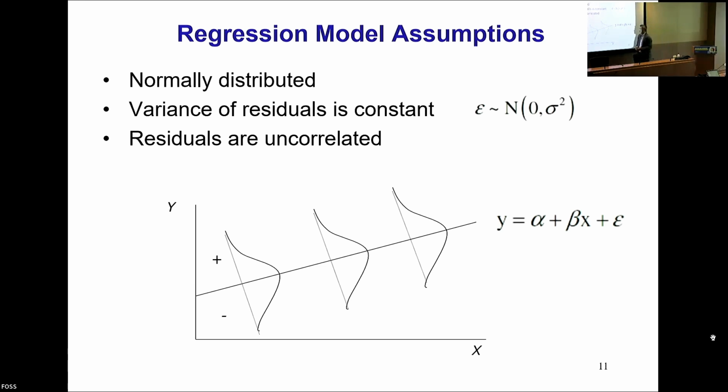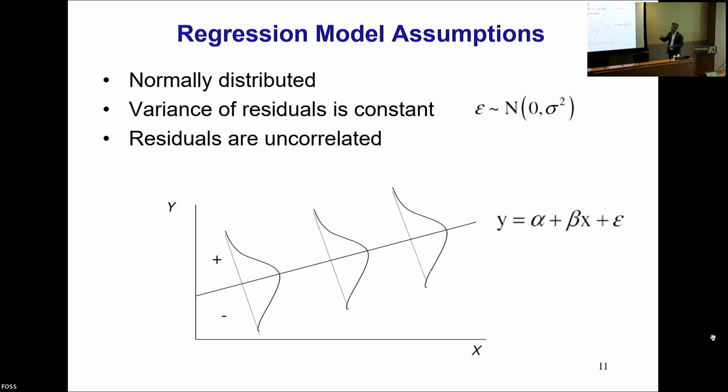It's to do with there not being some other third factor, a confounding factor, that is affecting the distribution of the residuals. So it's more like a causal assumption. But the distributional aspects of the residuals are what's shown in those top two assumptions.